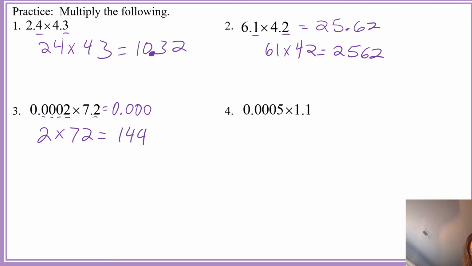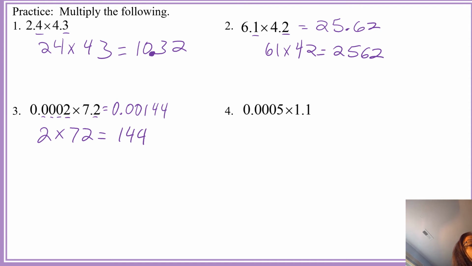Nope, too many. I need 5 decimal places. Eraser, there we go. Okay. 0.00, 1, 2, 3, 4, 5 decimal places.